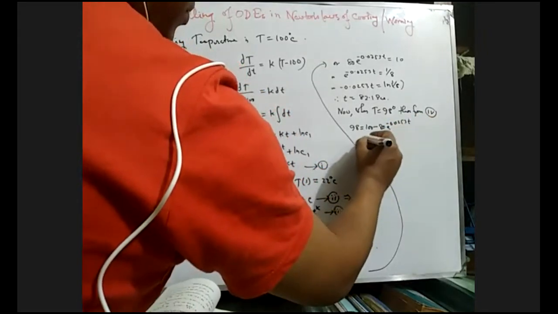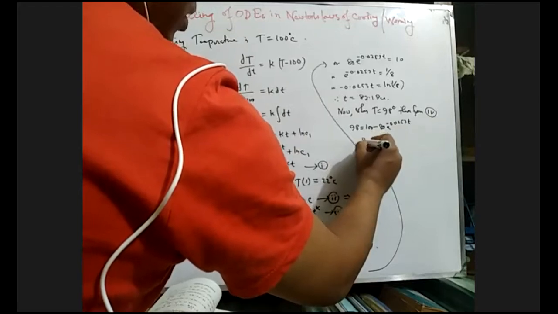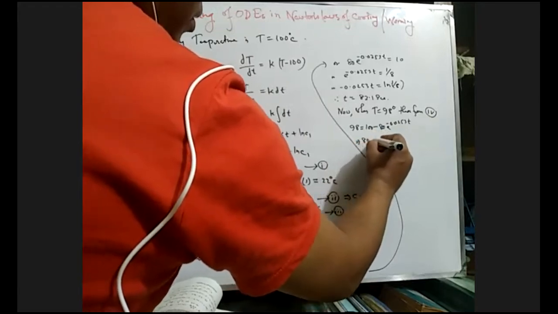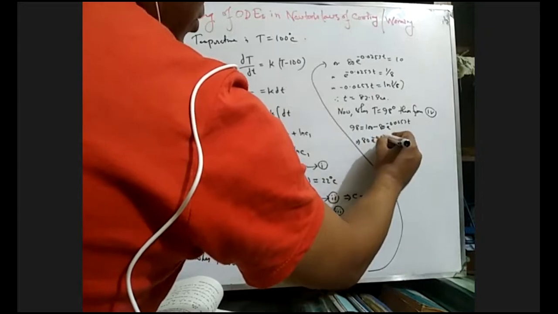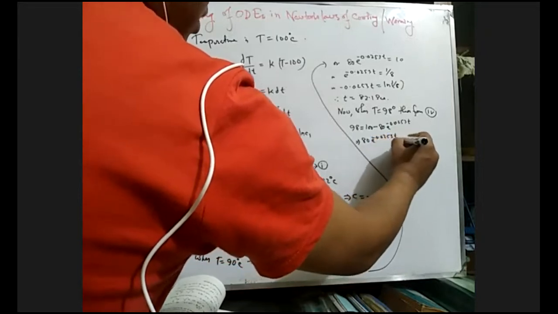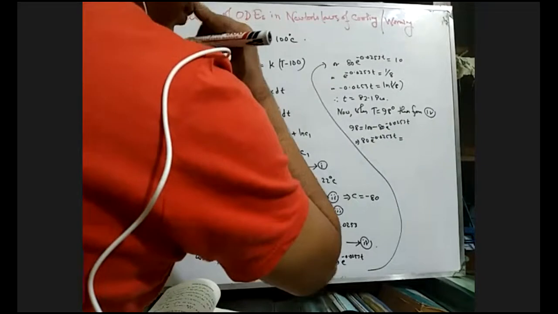Similarly, from here, 80 e to the power minus 0.0253 t equals 2.